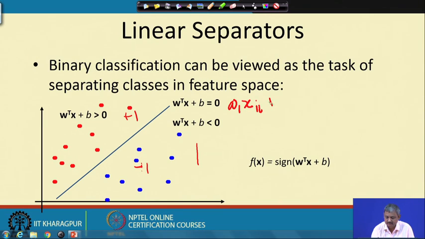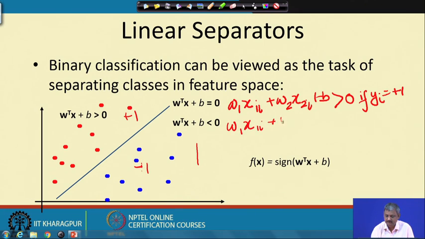x1i plus W2 into x2i plus B should be greater than 0 if yi is plus 1, and W1 x1i plus W2 x2i plus B should be less than 0 if yi equals minus 1.